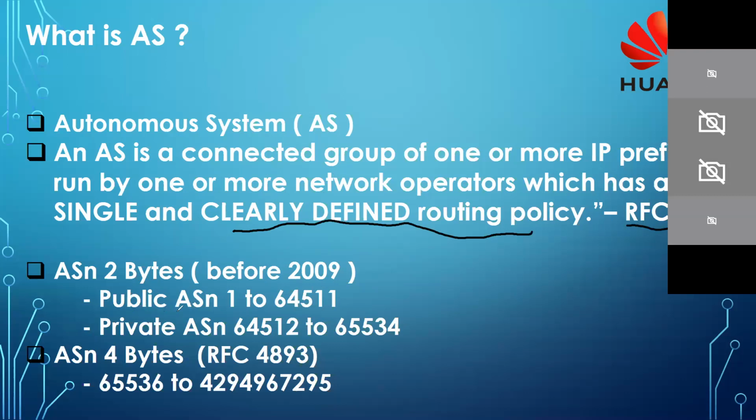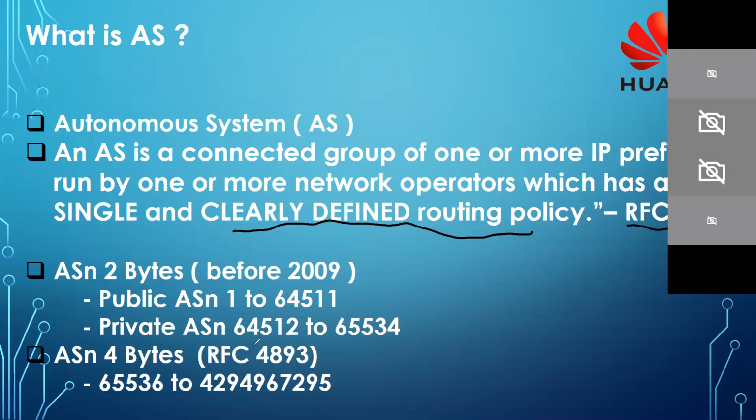There is the public AS number, where the range is from 1 to 64,511, and there is the private AS number. It's like IP addresses: we have public AS numbers that we can use on the internet, and private AS numbers that we can use inside our organization.